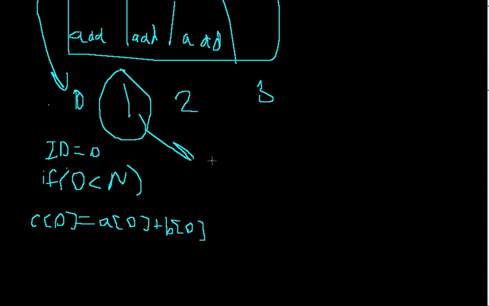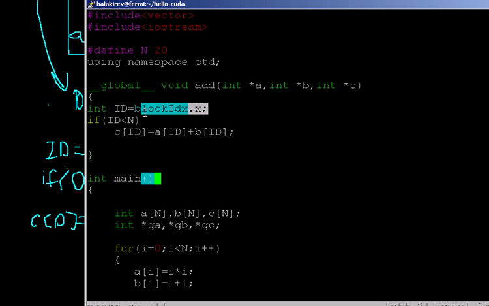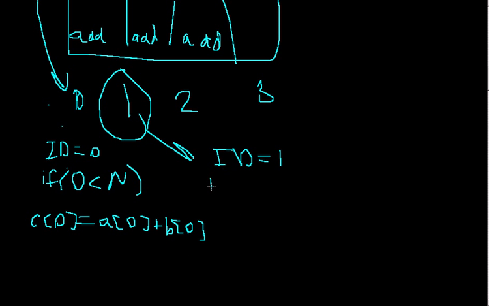For the second block, id equals 1, blockIdx is 1, then we'll write the if statement 1 is less than n, and I'll make the following operation: c[1] equals a[1] plus b[1].